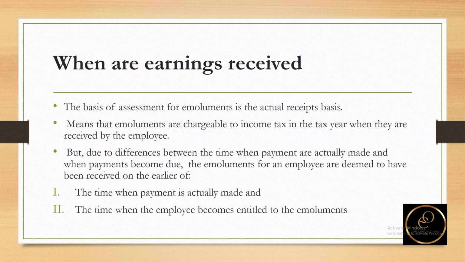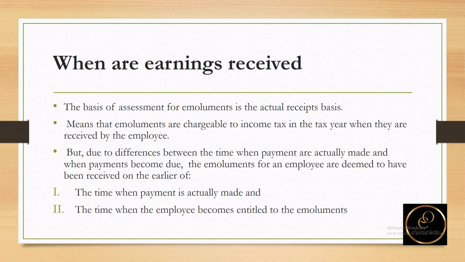So we come to the point where we have to decide when earnings are received. Basically, the basis of assessment of emolument is the actual receipts basis. When we say actual receipts basis, it means that emoluments are chargeable to income tax in the tax year when they are received by an employee.